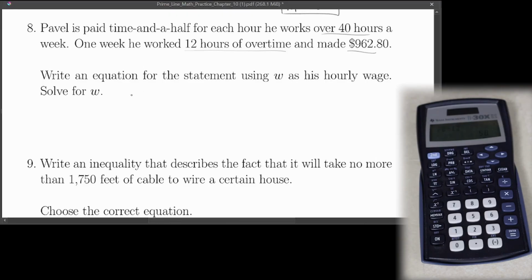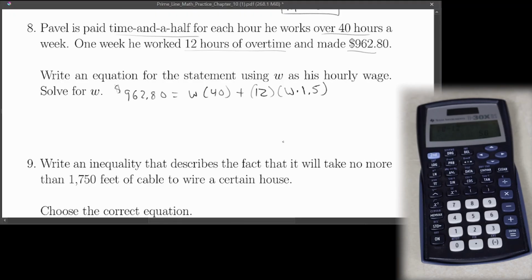So we can say that the total that he made, $962.80, well, he got his wage times his 40 hours, and then plus 12 hours times his wage times time and a half, or 1.5.